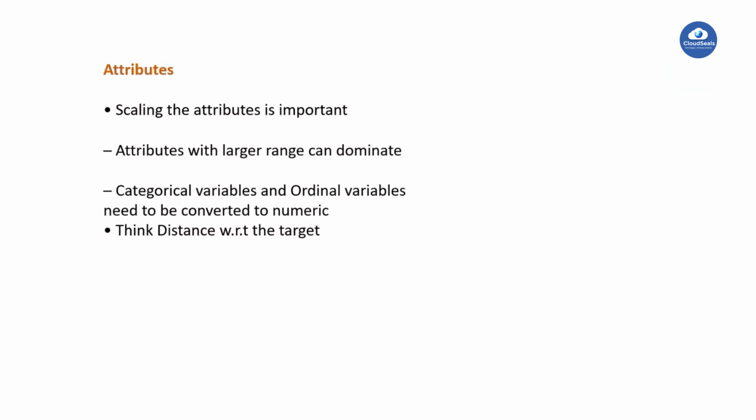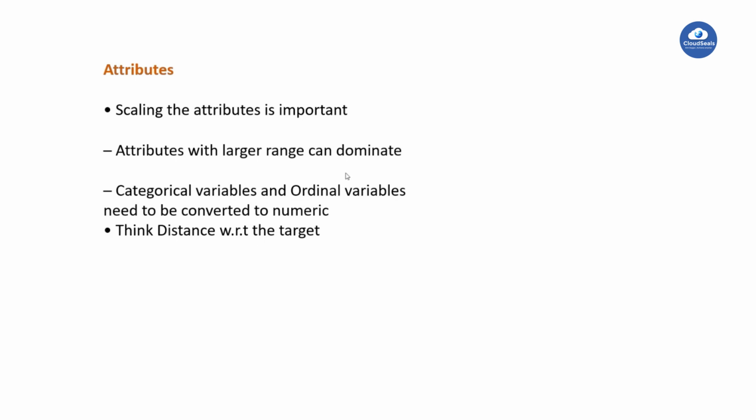Why? Because it will avoid some outliers, some random noise, and different values and fluctuations in the data. An attribute with a larger range can dominate.